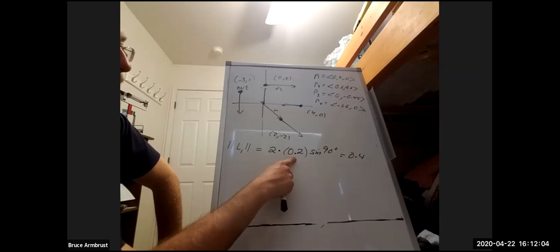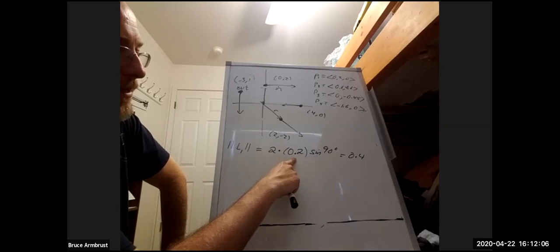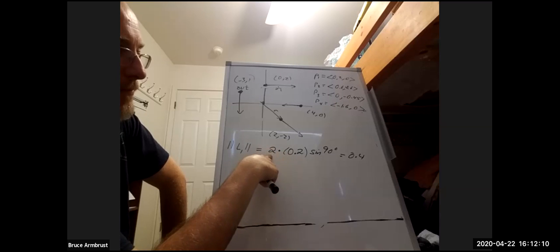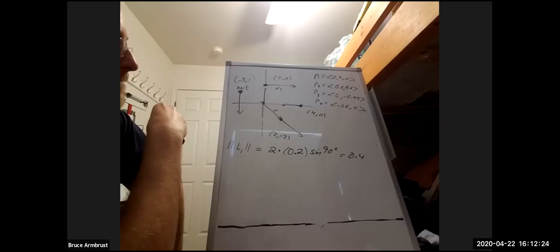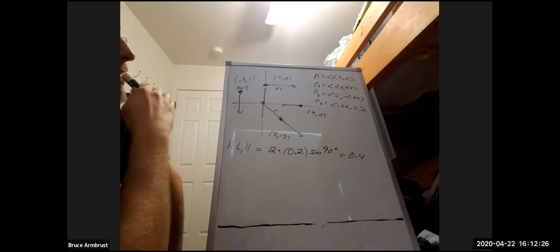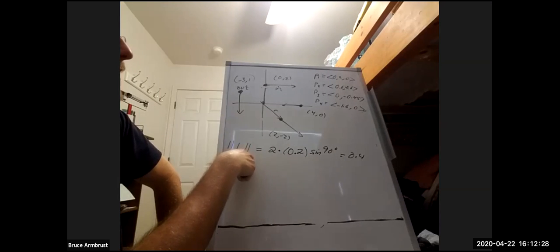And so that's what this thing is. This is kilogram meters per second. But then we're multiplying by another meter. So this is kilogram meter squared per second. They're terribly cumbersome units. But that's the magnitude for L1.